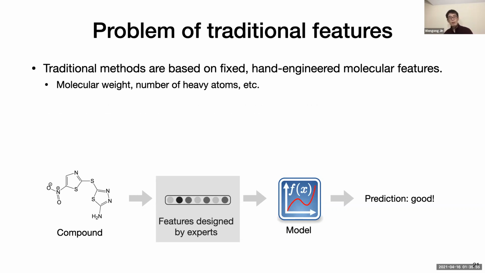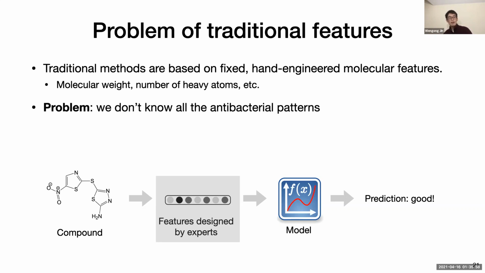But the problem is that these expert-designed features do not necessarily capture all the antibacterial patterns. Believe it or not, we don't really know what these antibacterial patterns are. If we knew them, we would have discovered all the antibiotics already, right?